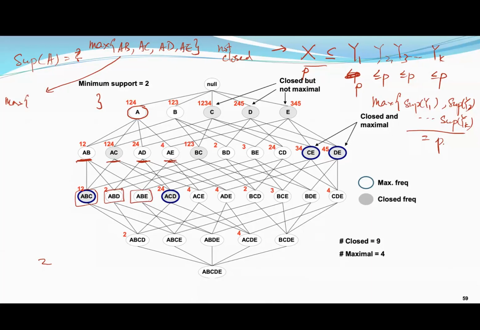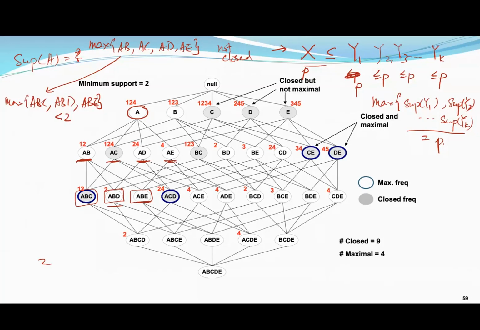And first of all, we notice that ABD is not frequent because ABD is not a subset of any maximal frequent item set. Therefore its support count must be strictly less than 2, because 2 is the minimum support requirement that we have in this example.